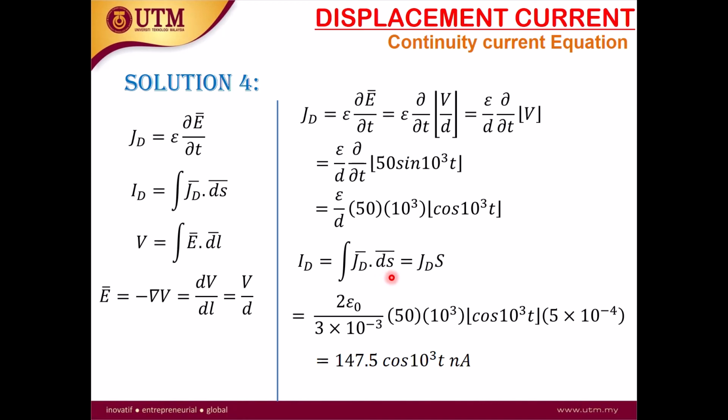Let's say if the dS, the surface area, is facing the y-axis, then J_D should be in the same direction. That's why the dot product becomes only a magnitude. Okay, so please remember this.